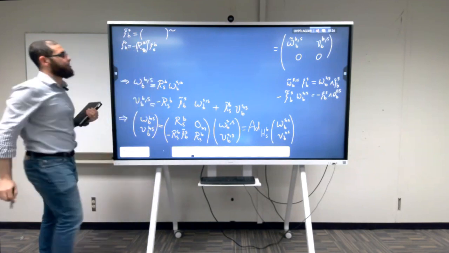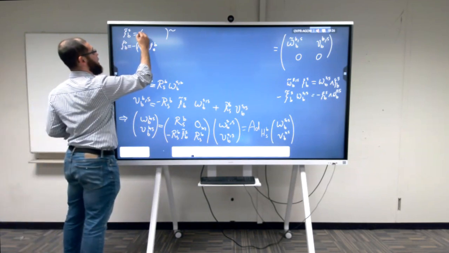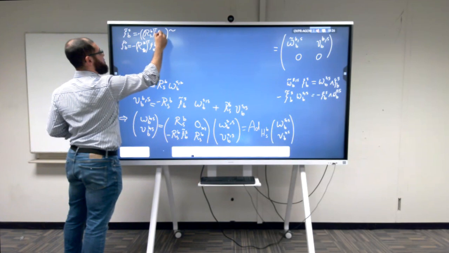Is that correct? So this is minus R_SB transpose.